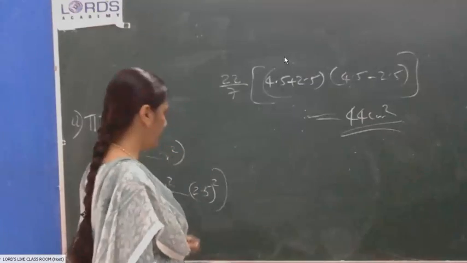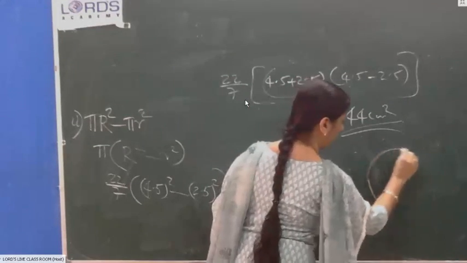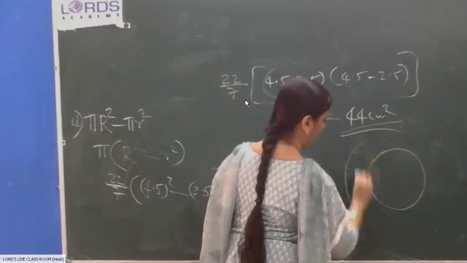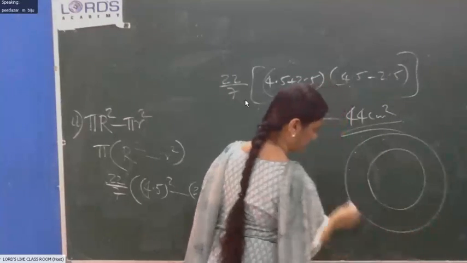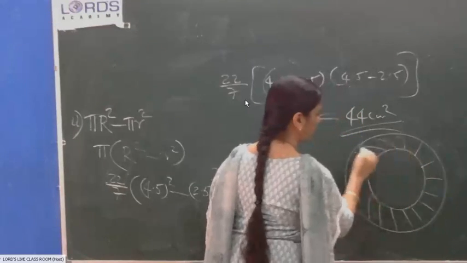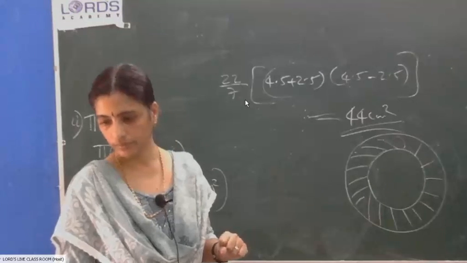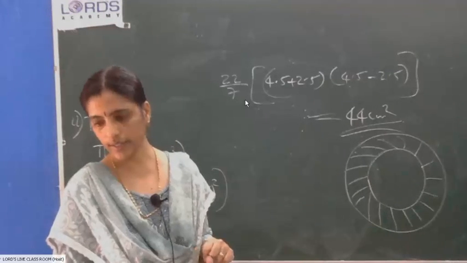Okay, all of you draw the picture. Running track. Shade. 63 and 70 meter.